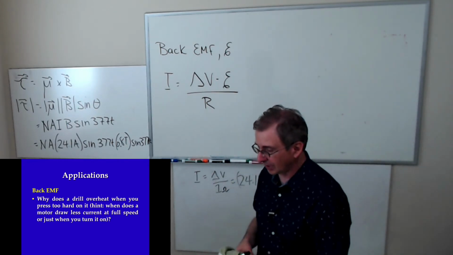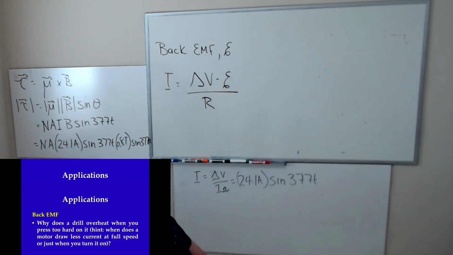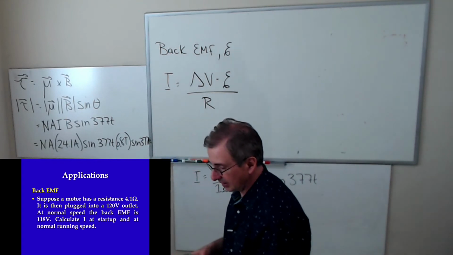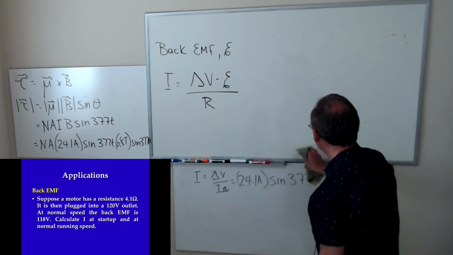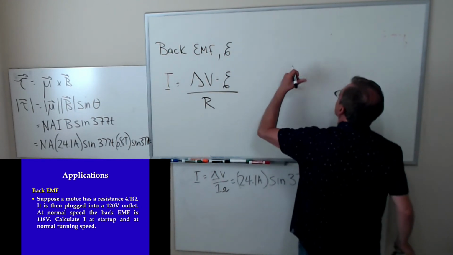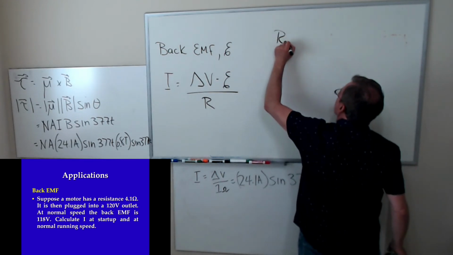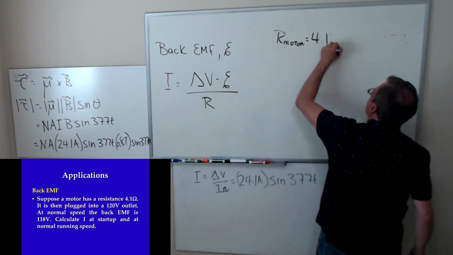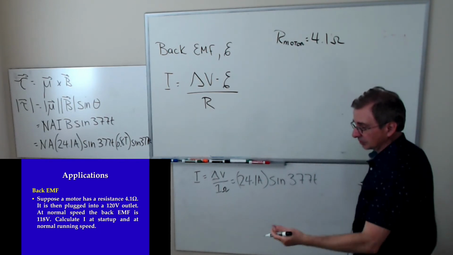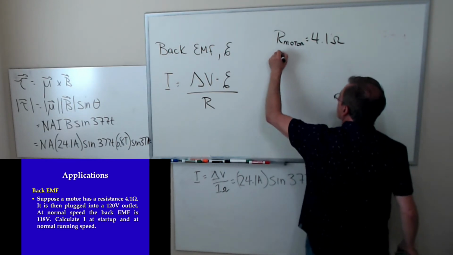So the example I'm going to show you I took out of a book. I think it's a little bit exaggerated, but here's my example. Suppose I have a motor that has a resistance of 4.1 ohms. It's a 120 volt motor.